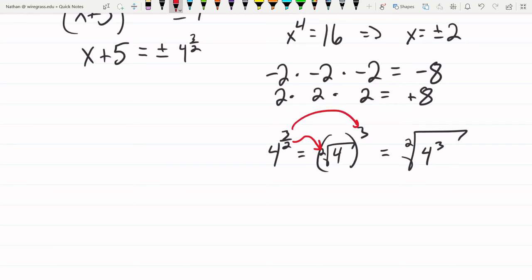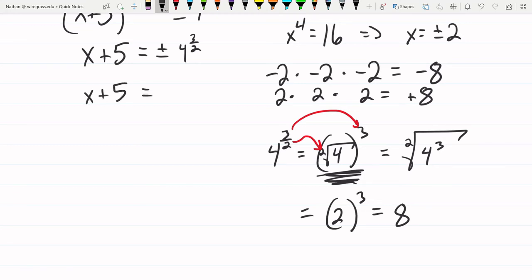In general, this first method is more simple to solve because by taking the root first, you have smaller numbers which are easier to work with. And the square root of 4, well, that's just 2. 2 cubed is 8. So 4 to the 3/2 power is just 8.